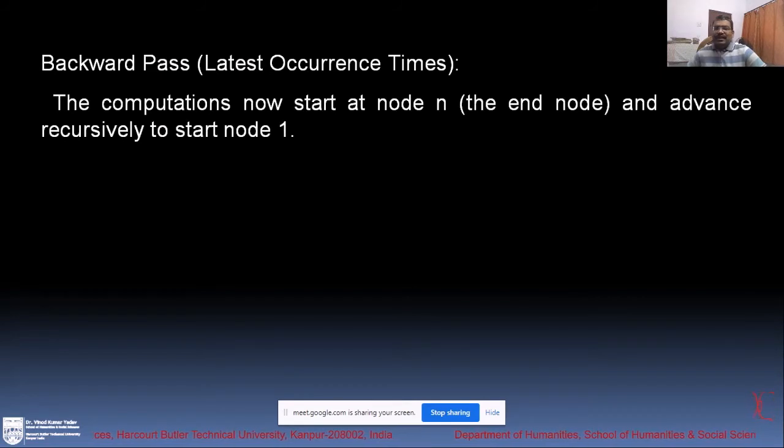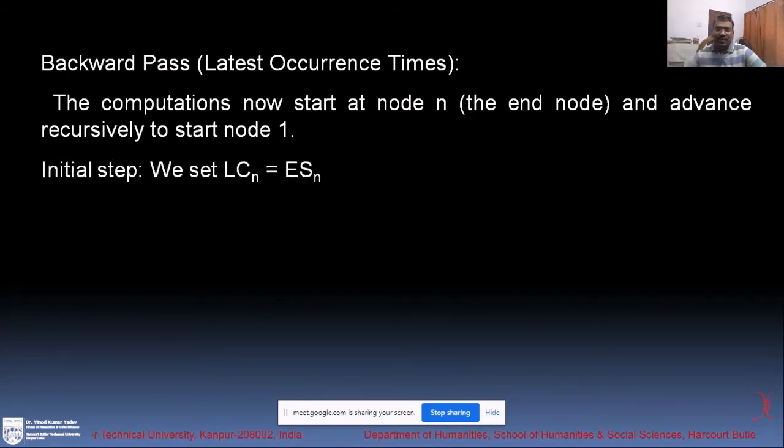Backward time computation now starts at the last node n and advances recursively to the start node, in reverse. So we say that LCn is equal to ESn. That means the total time taken at the last node n in the forward pass is taken as the initial LCn. Say, for example, in forward calculation you calculated all the earliest start times, and at the end it comes to 56 minutes.